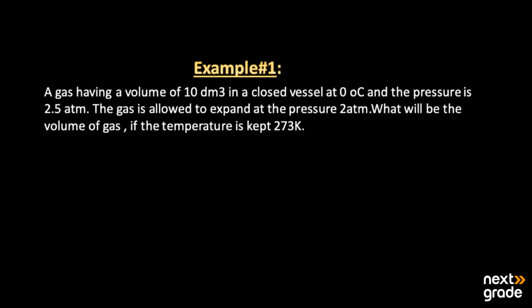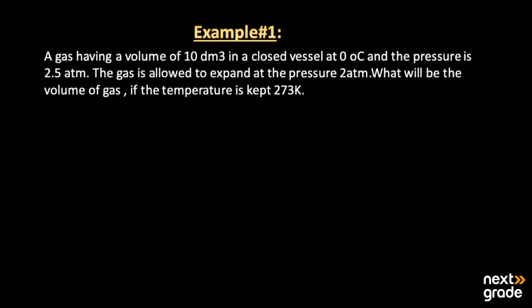Next, we have an example of this experimental verification, showing how we can find the unknown volume of a gas. Here we have a gas whose volume is 10 dm cube, filled in a closed vessel. The temperature is 0 degrees Celsius and the pressure is 2.5 atm.